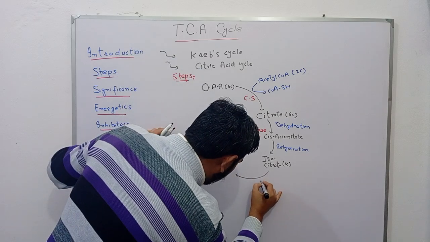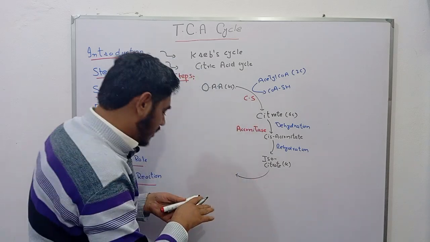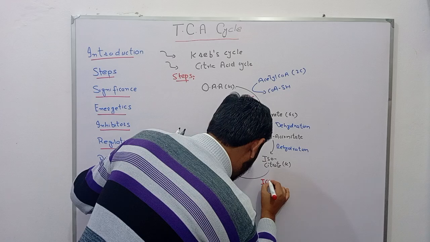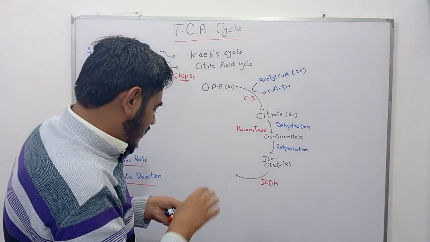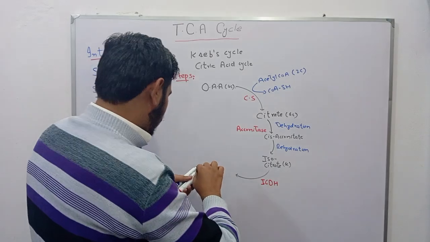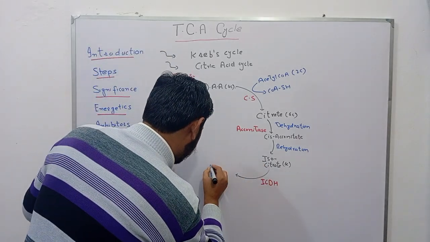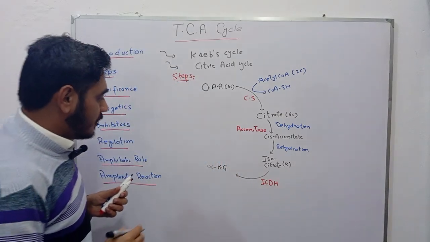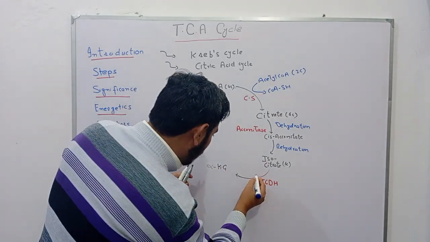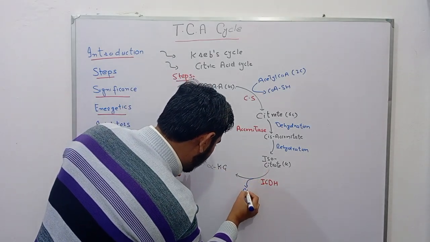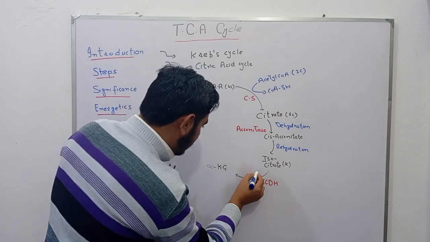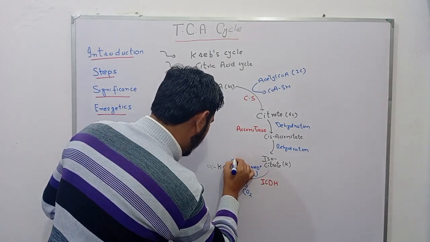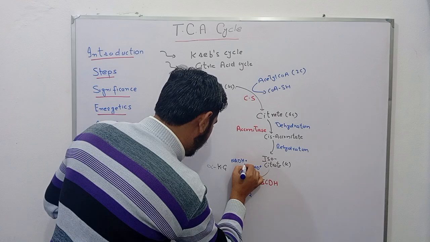In the next reaction, by the action of the isocitrate dehydrogenase enzyme, it converts into alpha ketoglutarate, and there is a removal of carbon in the form of carbon dioxide, and NAD plus converts into NADH and H plus.